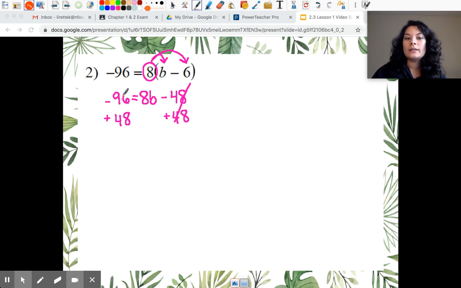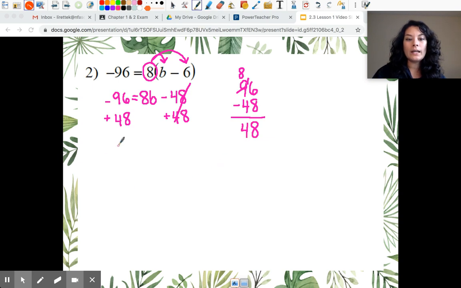So here, 96 and 48, their signs are different, so I'm going to have to take their difference. So off to the side, I'm going to do a little work. I'm going to pretend that both of the numbers are positives and stack the larger number on top of the smaller one. I can't do 6 minus 8, so I'm going to have to borrow from this 9, turn it into an 8, and the 6 becomes a 16. 16 minus 8 is 8. 8 minus 4 is 4.